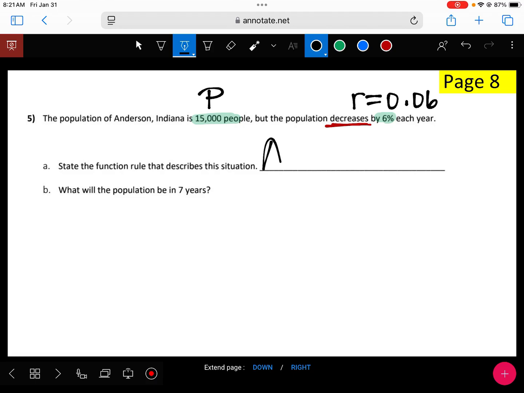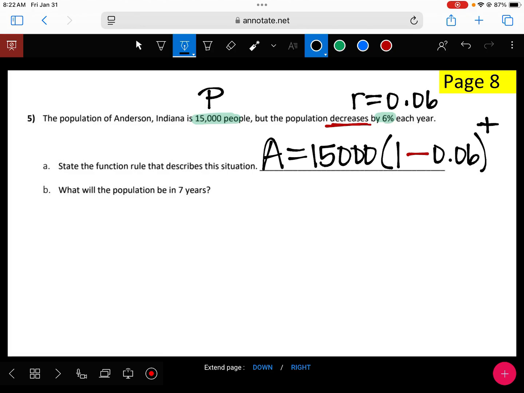So our function rule will be A equals, substitute in 15,000, 1 minus 0.06 to the power of T. So what will the population be in 7 years?